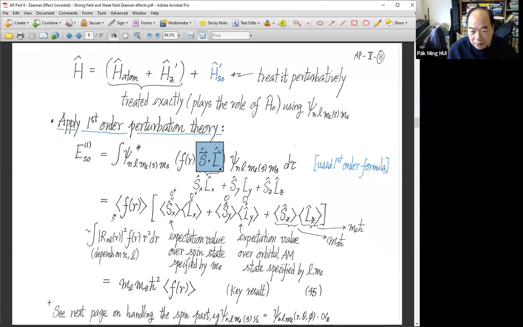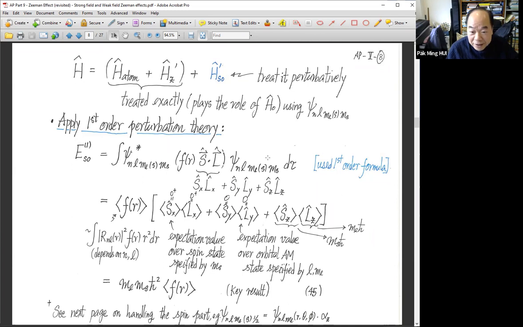Dot product means this. Now I would like to claim this is 0, the expectation value, and this is 0 as well. Very easy. I think in your last semester's final exam, you had a lot of this to do.